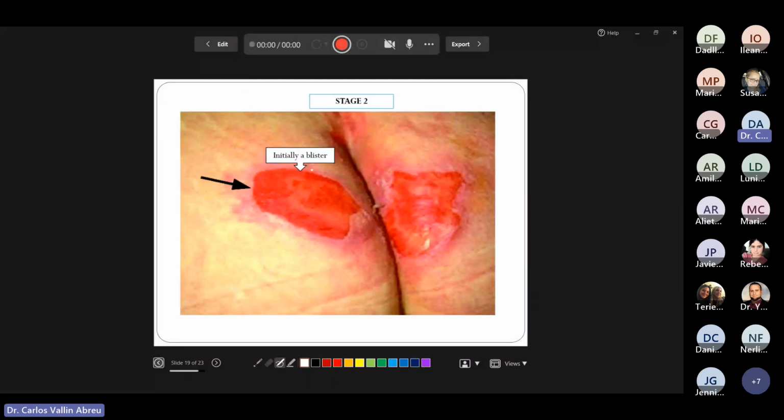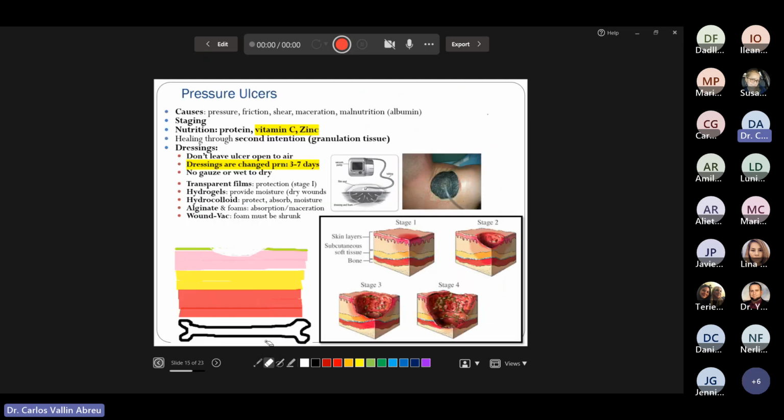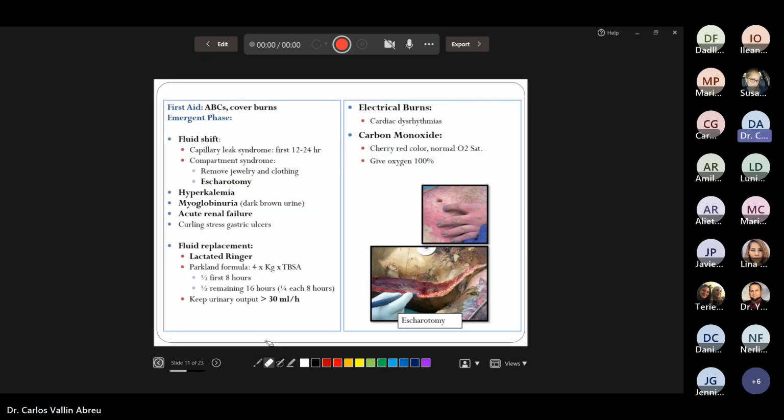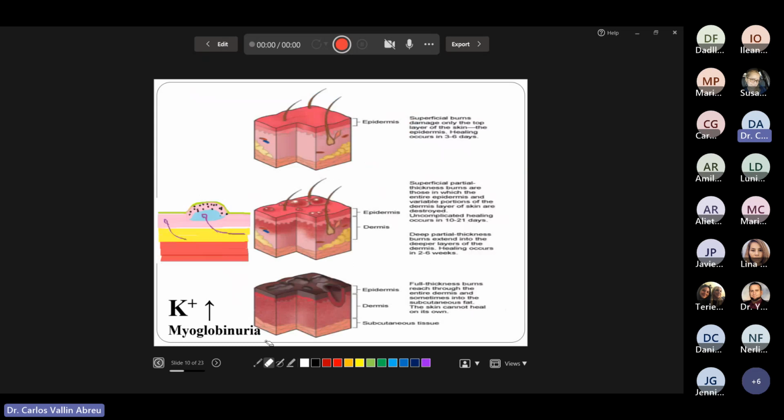You see a superficial erosion or a shallow ulceration of the skin, but in the bottom of this lesion, you see dermis. What has been lost is the epidermis and the superficial dermis. So it's very similar to this that we studied recently, the partial thickness burn.